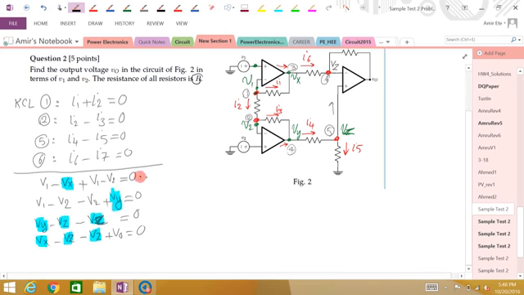Alright, so from the first equation I see that Vx is 2V1 minus V2. From the second equation, Vy is 2V2 minus V1.